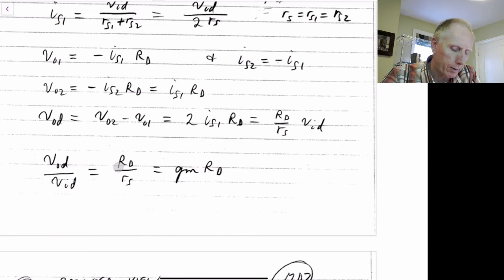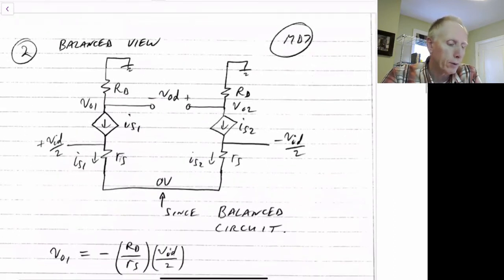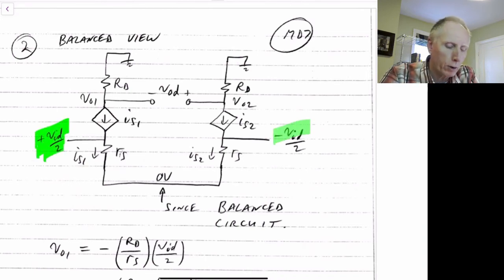The second way of looking at this circuit, which will give us the same result, is to treat it as a balanced circuit. So say we have a balanced view. So in this case here, we redraw the small signal model, but we assume that we have plus VID over 2 on one side and minus VID over 2 on the other side.